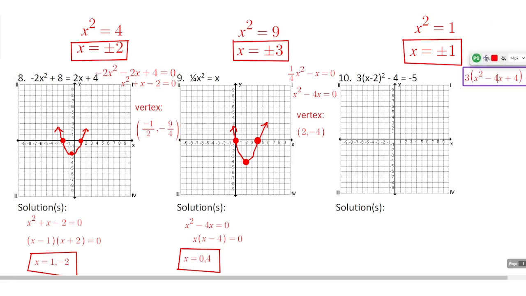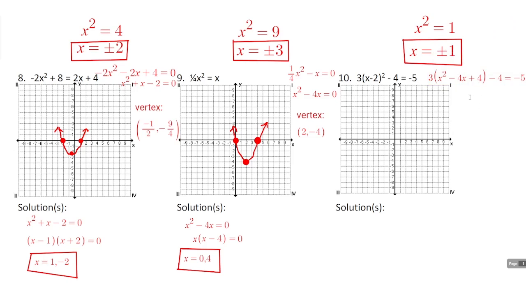And then I'll distribute the 3. Get 3x squared minus 12x plus 12 minus 4 equals negative 5.